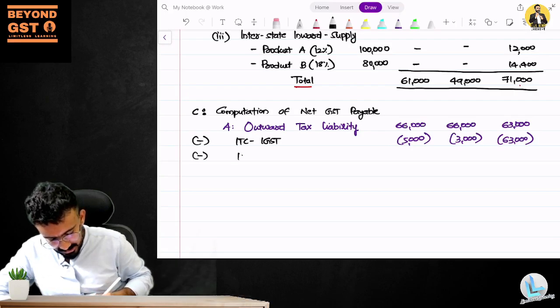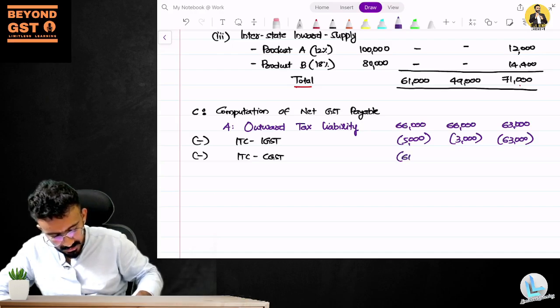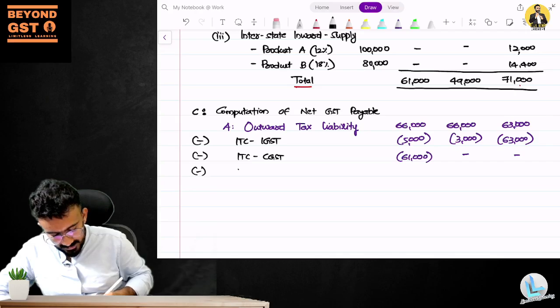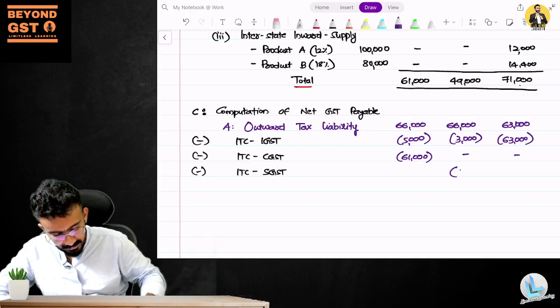Next is less ITC of CGST. I will set off CGST with CGST, 61,000. Nothing else left. Then ITC of SGST. I'll set off against SGST. So what is my net liability?